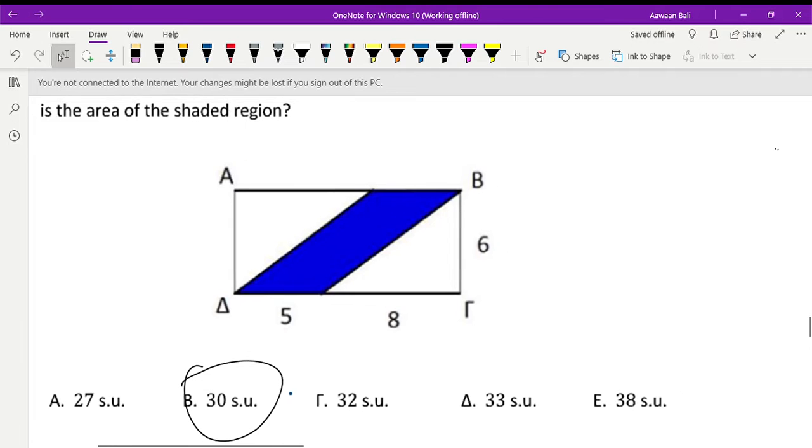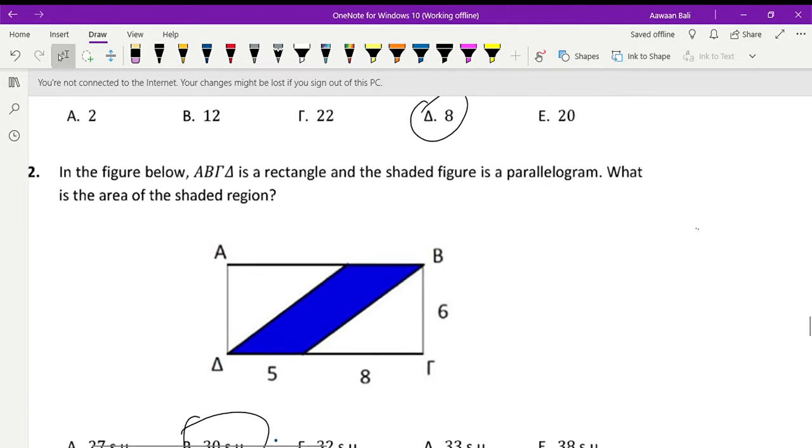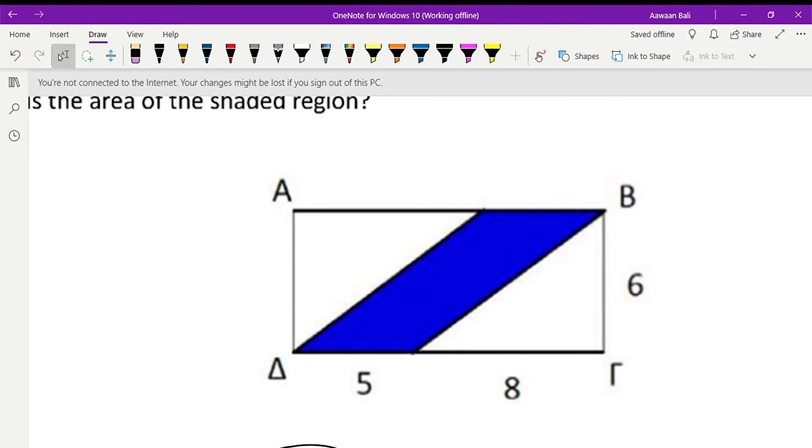Okay, so to find this one, there's multiple ways you can do this. You can find the area of a parallelogram directly, or you can find the area of the two triangles, add them together, and subtract the sum of those two areas from the area of the whole rectangle.